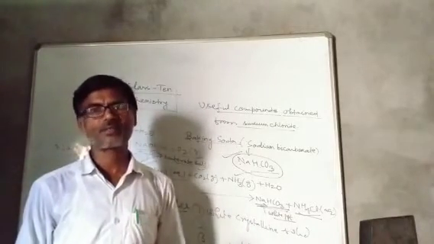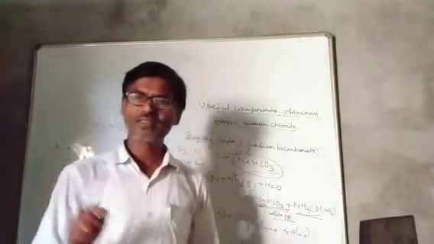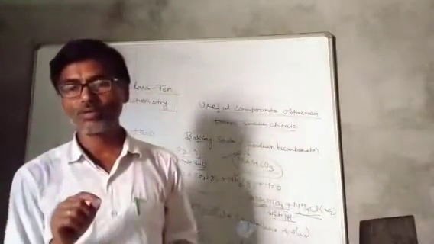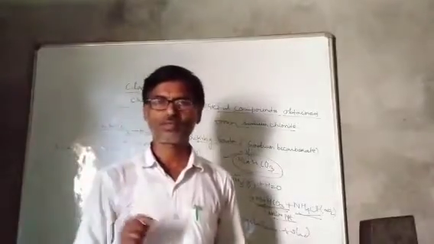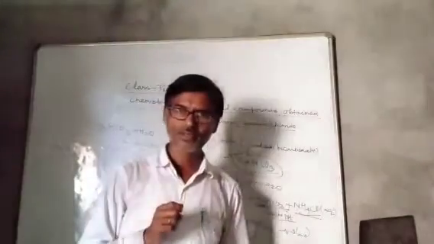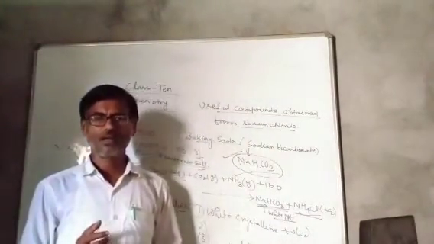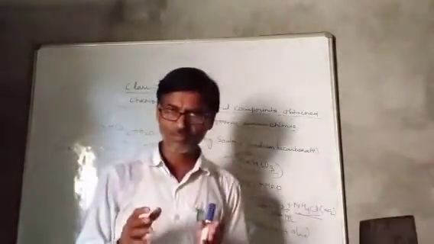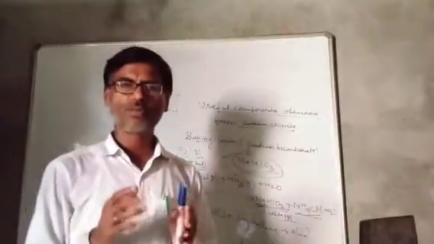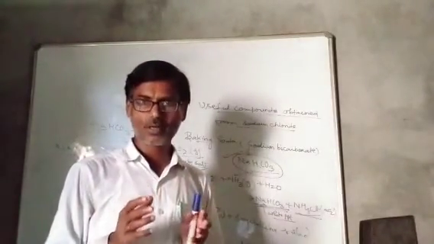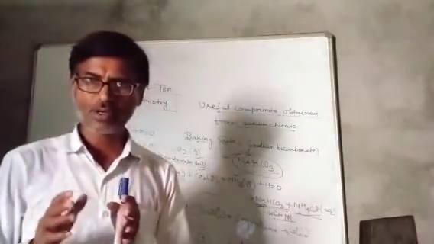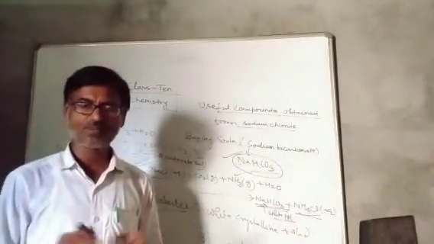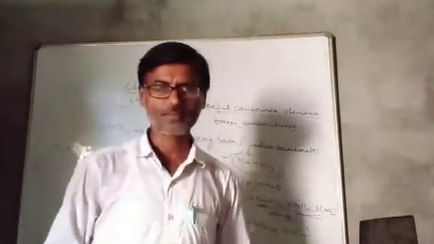If tartaric acid is not used, the bread becomes bitter due to the formation of sodium carbonate. Tartaric acid used in baking powder reacts with the sodium ion given by sodium hydrogen carbonate to form tartarate salt. Tartarate salt is not bitter. It gives a pleasant smell to the bread.